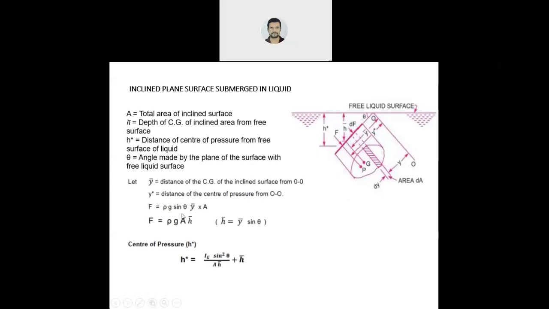Now, how to find force? Force is nothing but rho g A h bar. Now, what will be the h bar? In terms of y bar, h bar will be nothing but y bar into the sine component of the angle.